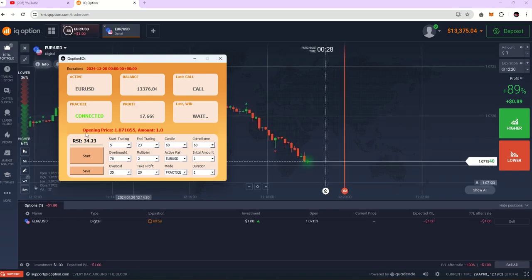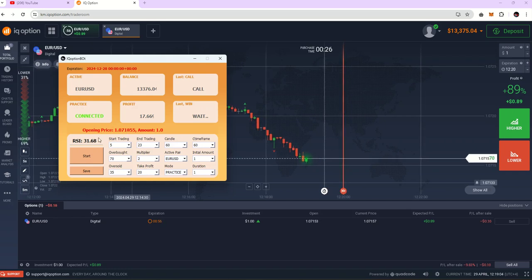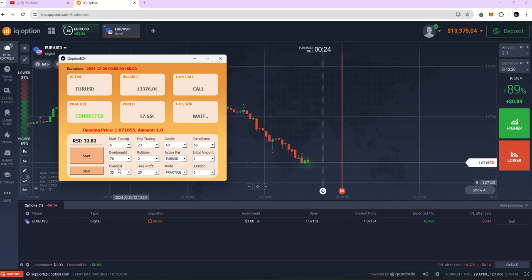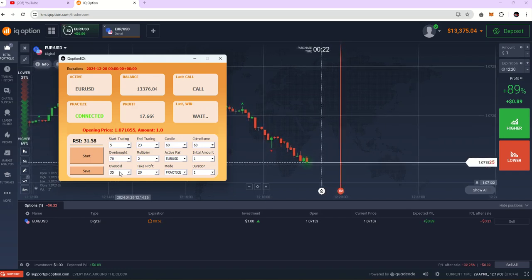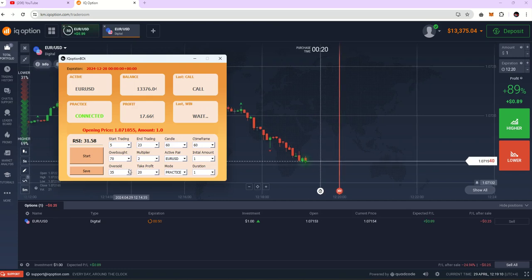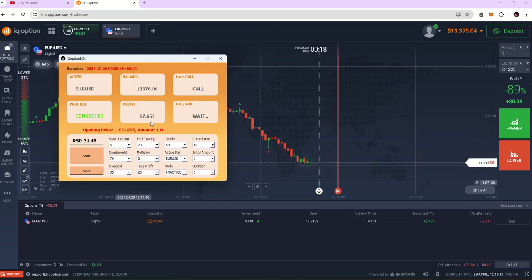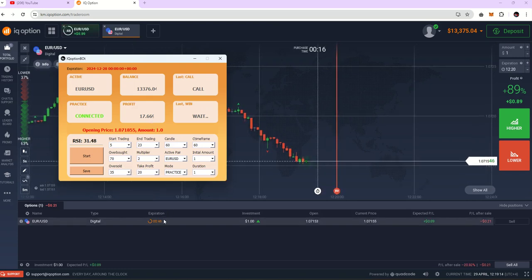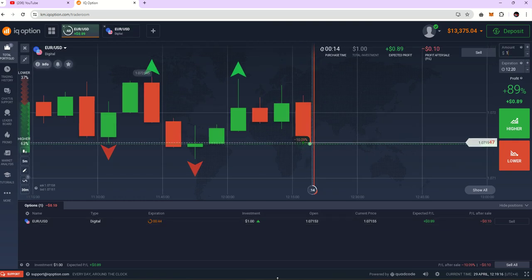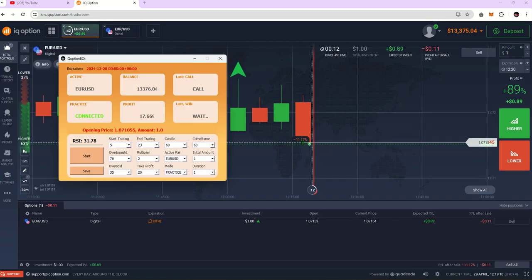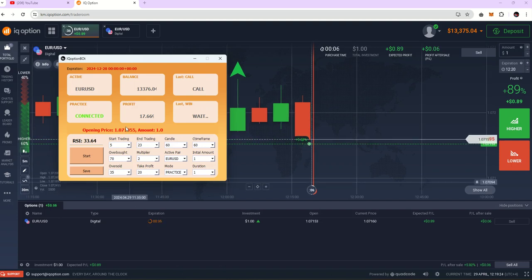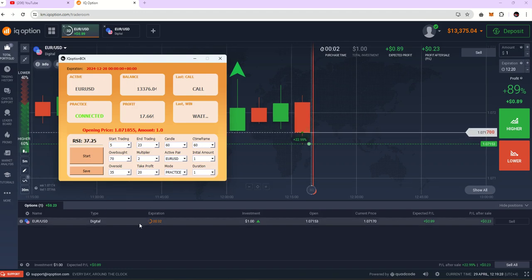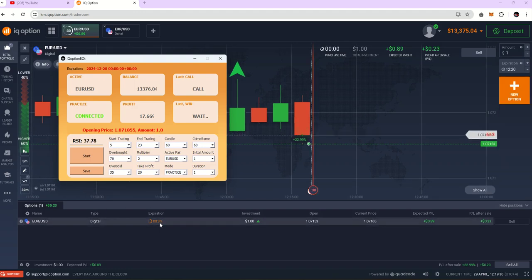Yeah, now it's opening a buy trade, because it is lower than our oversold setting. So let's wait for the result. You will see here the amount and the current opening price. So 30 seconds left.